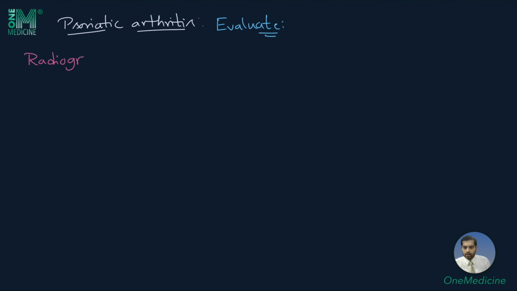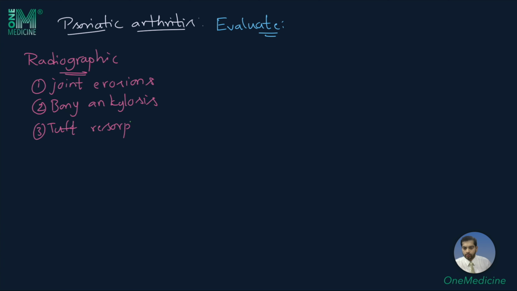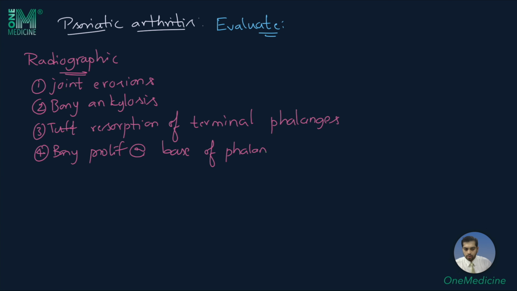Radiographic changes in patients with psoriatic arthritis include joint erosions, bony ankylosis, tuft resorption of terminal phalanges, bony proliferation at base of phalanx with tapering proximal phalanx, which can be seen classically as pencil in cup appearance.